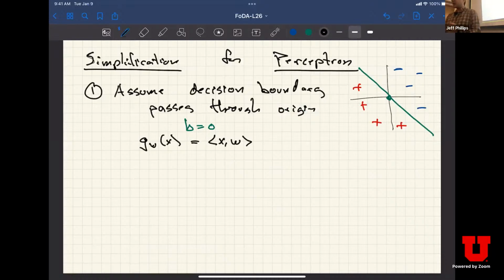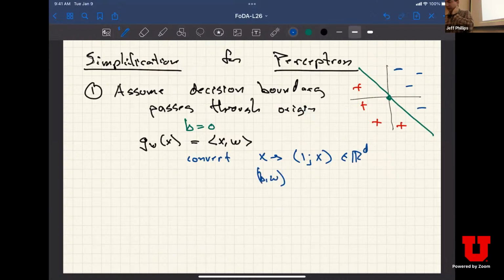Okay. So this is not really a problem, because I can convert x to (1, x). Now this is in R^d, and I can convert w and b into alpha_0, alpha_1 up to alpha_d.